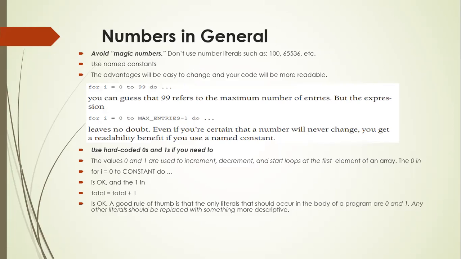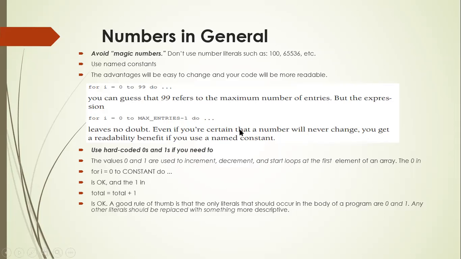There are many advantages to using named constants instead of literals. The first one is it's easy to change, and our code will be more readable. Suppose we have an example here: for I equals 0 to 99, we have to do some code like this. We can guess that 99 refers to the maximum number of entries, but in the expression for I equals 0 to maximum entries minus 1, it leaves no doubt.